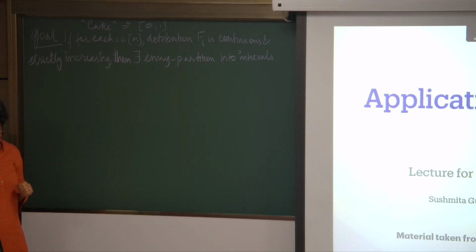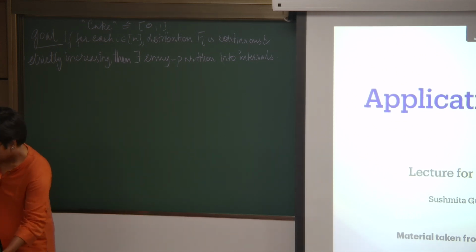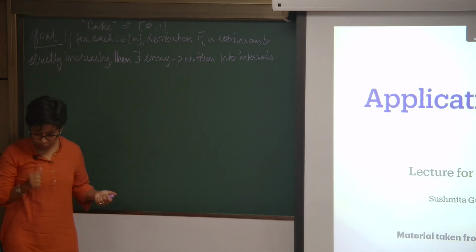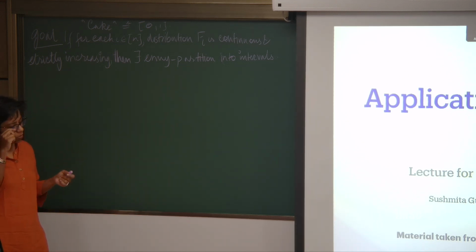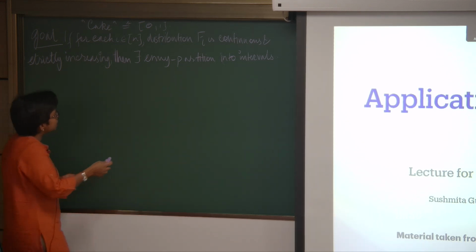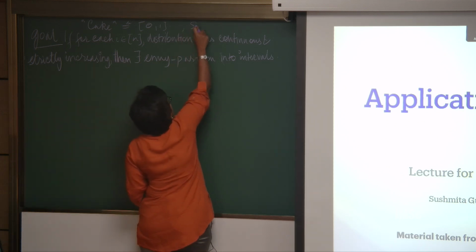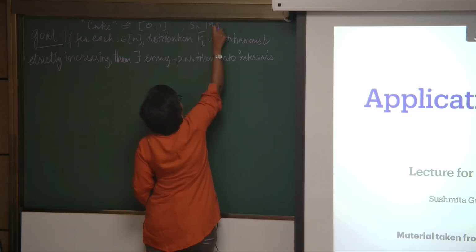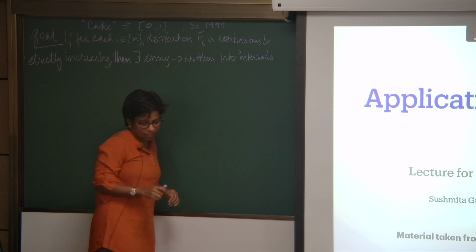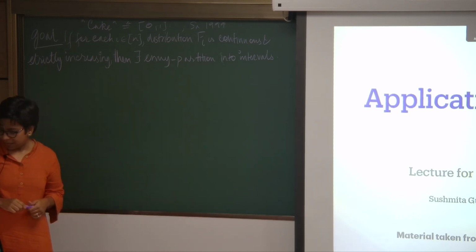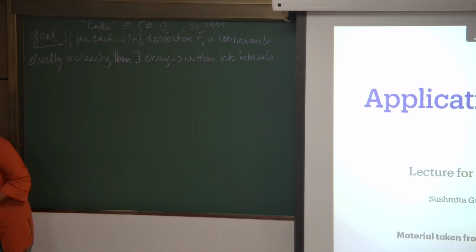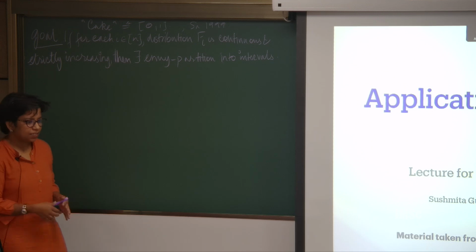So, in order to show this, this particular proof is from 1999 by, so I will write the name later. When it came out it was seen as a wonderful exposition of the application of Sperner's lemma into something that seems sort of unrelated, right.